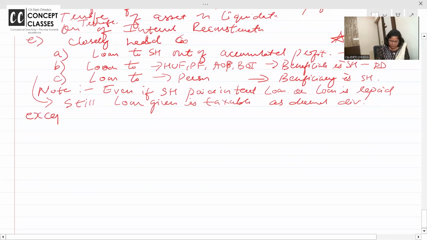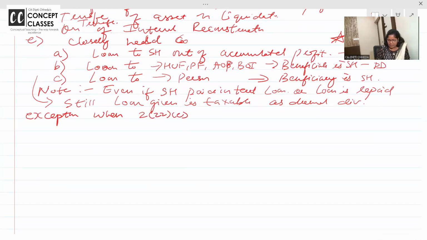Exception, when 222E is not... 222E, loan given is not treated as deemed dividend.